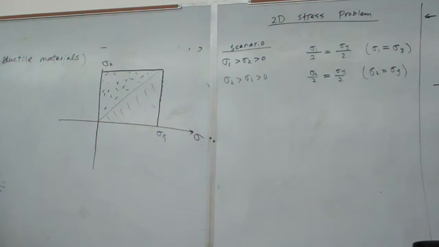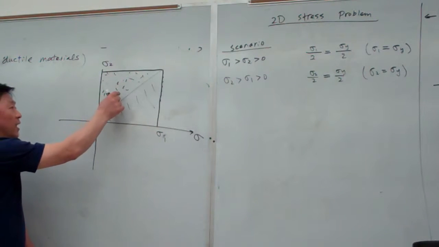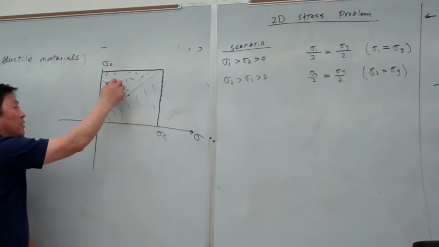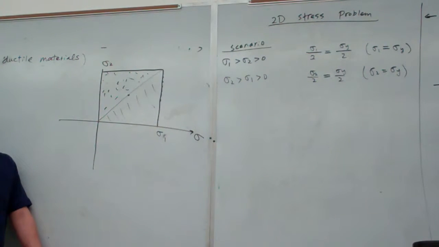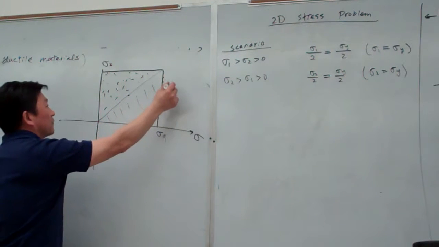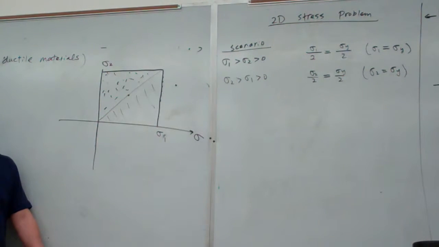Okay? So as long as your design application, your principal stress, locates anywhere inside this area, then you are safe. If your data point falls outside this boundary, for example here, then you might consider that risky. We didn't say the material will definitely fail, but it risks the design life.